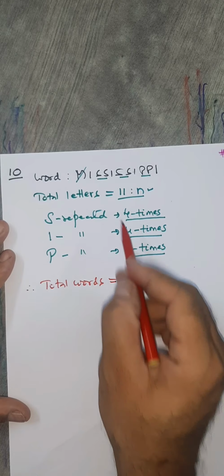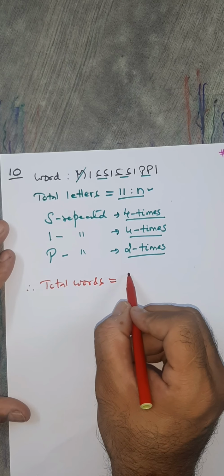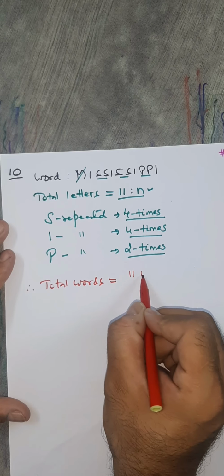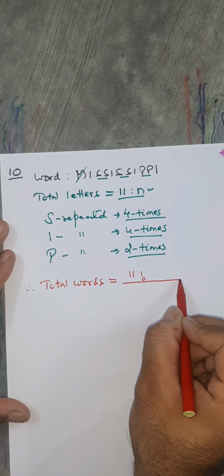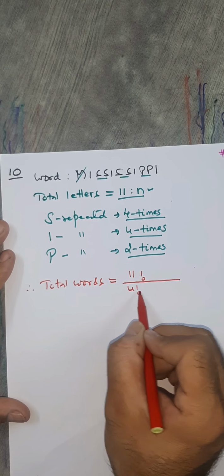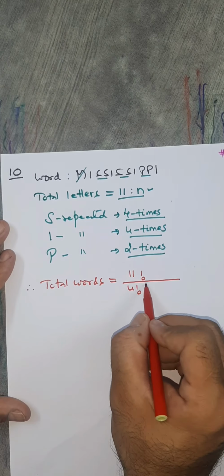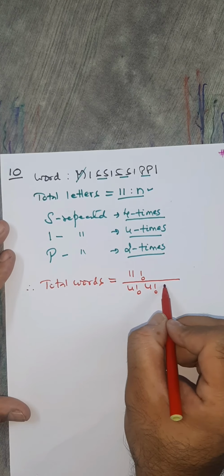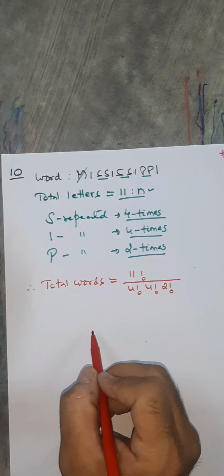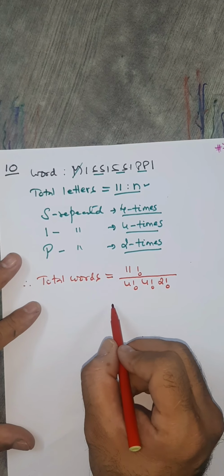that can be formed using all the letters of the word Mississippi is 11 factorial upon 4 factorial for I, 4 factorial for S, P 2 times, so 2 factorial. Right? Now you know how to simplify this.